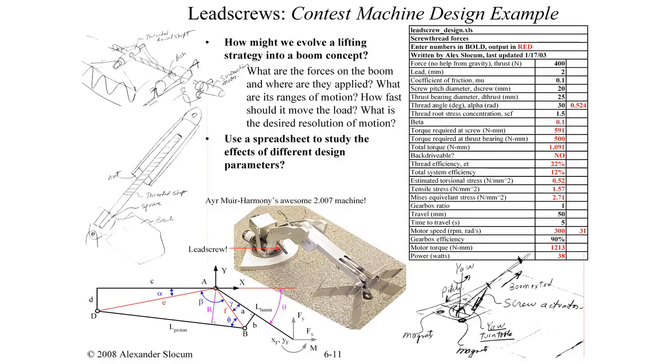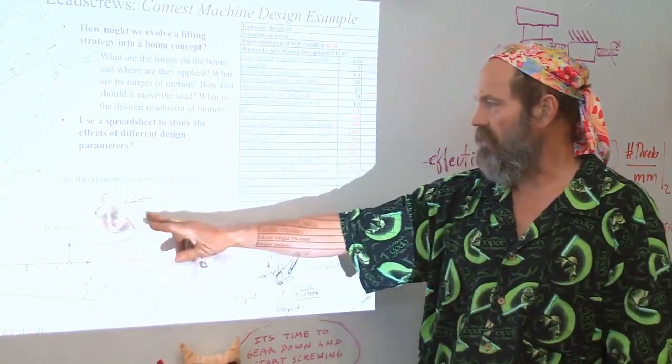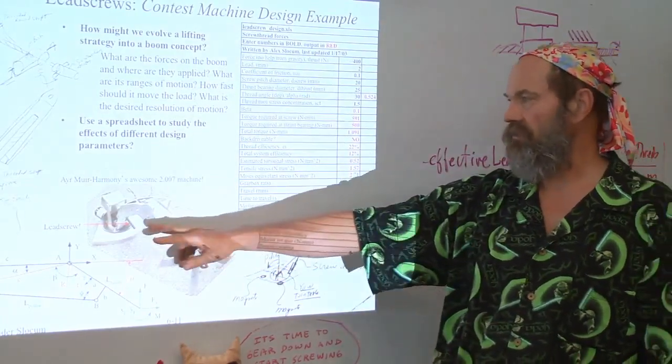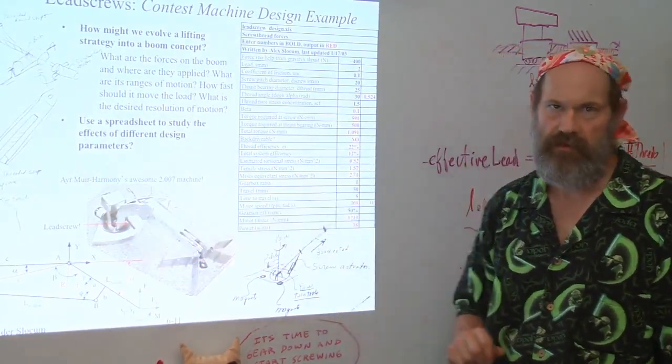We're going to end this section here by thinking about how do you use lead screws. This was a machine design contest example of a screw being used to drive a boom to pick up an arm. Just like a crane, where instead of a hydraulic cylinder, you use a lead screw.